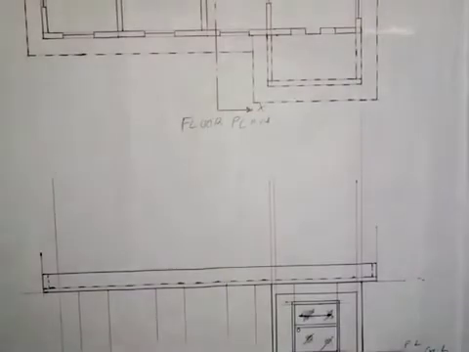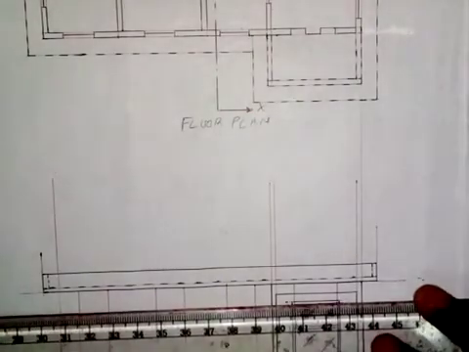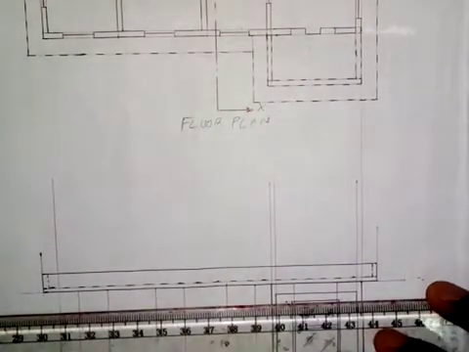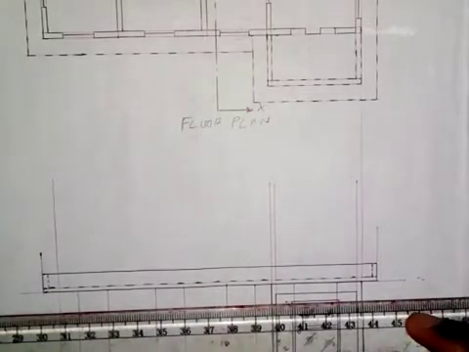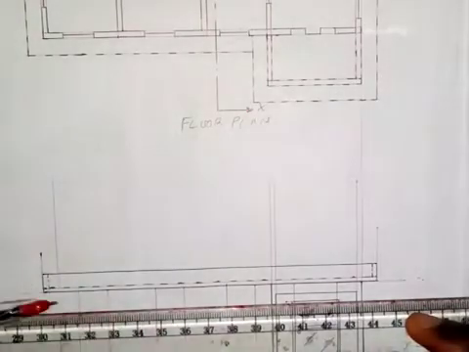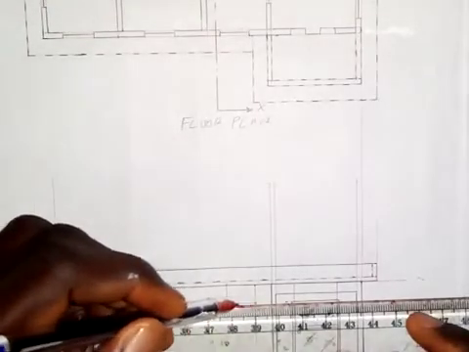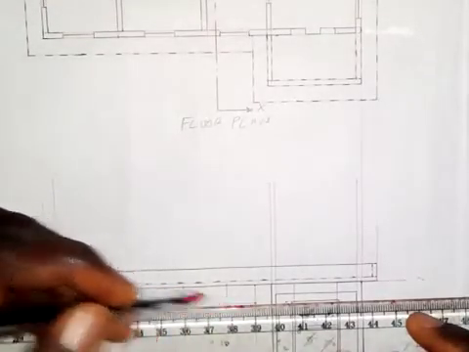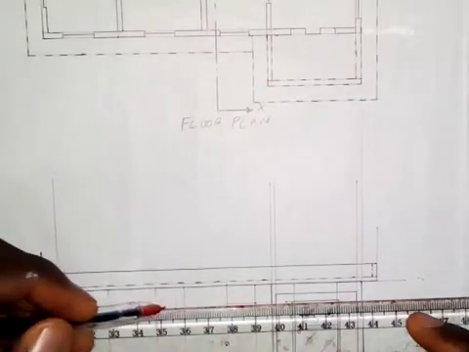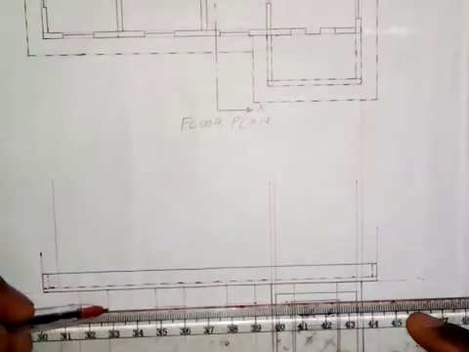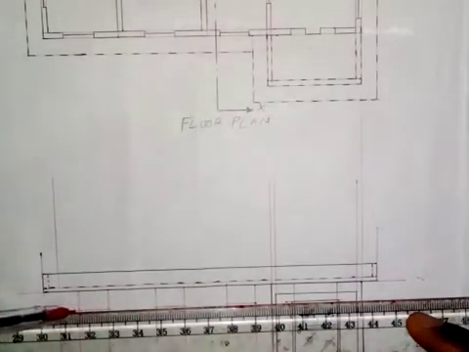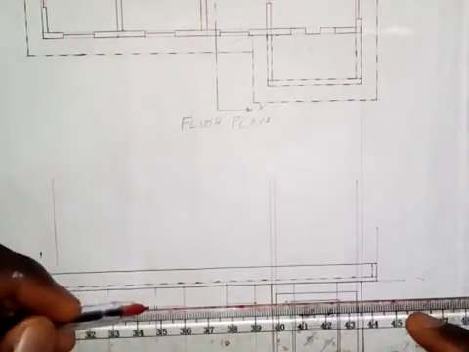Alright, so the height of the windows from the bottom, they are all at the same distance with the door. So all I need to do is to draw a line from here to here. Okay, so I need to extend this a bit.